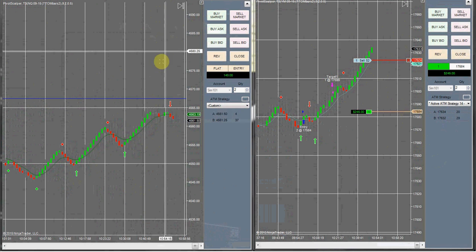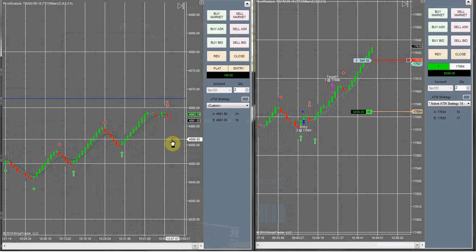Alright guys, we just got a signal here on the NQ, but like I said, I'm still in this trade managing it, so I'm gonna hold off on that. Actually, this trade's coming to an end. So I'll tell you what guys, let's go ahead and jump in this one too. Order filled.